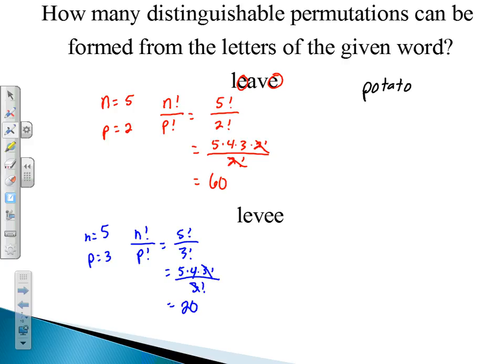Well, in this case, looking at the word, we have P-O-T-A-T-O, 2, 4, 6 letters. So I'm going to say the total number of elements that I have are 6. Well, how many unique things do I have in there? Looking here, I have one set of unique things, and I don't want to use P because maybe you might think P is for potato.